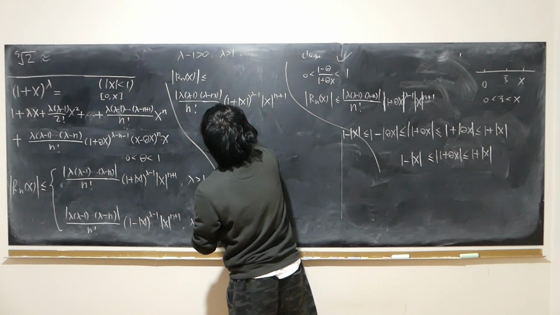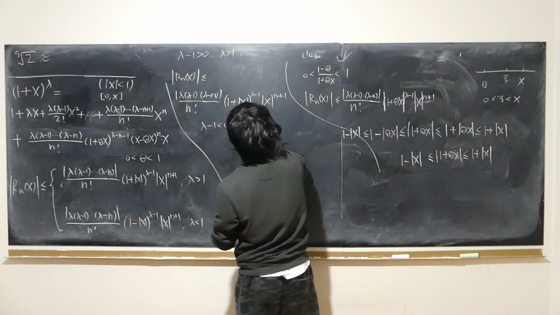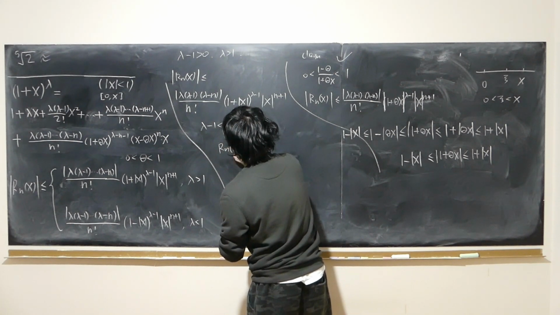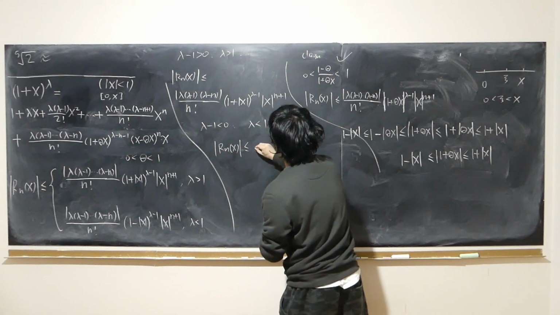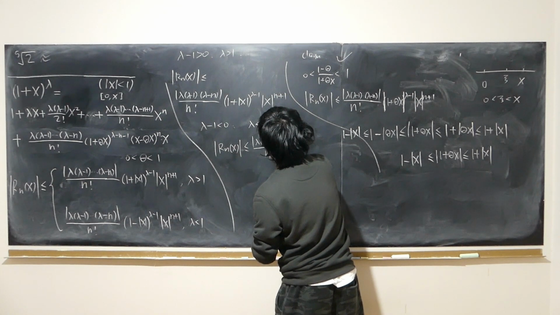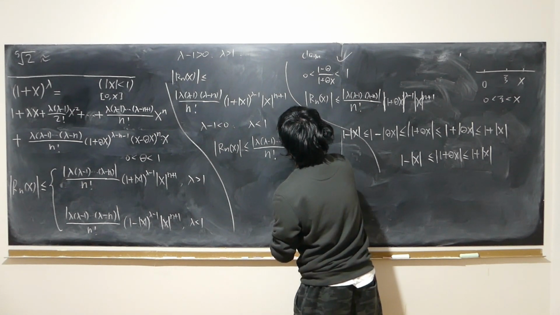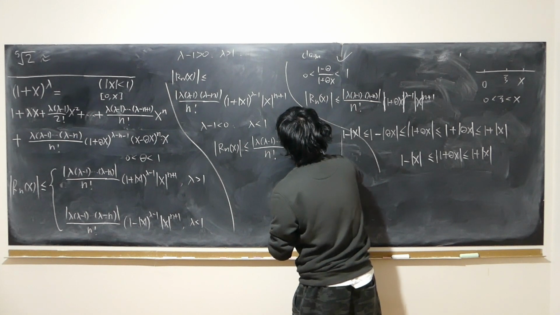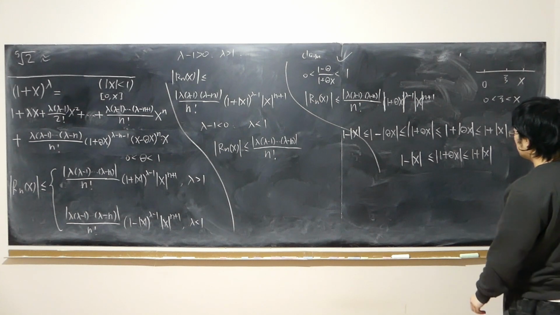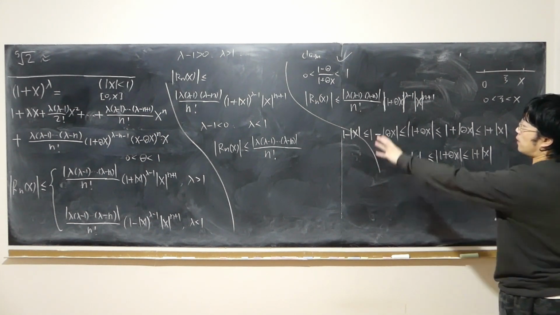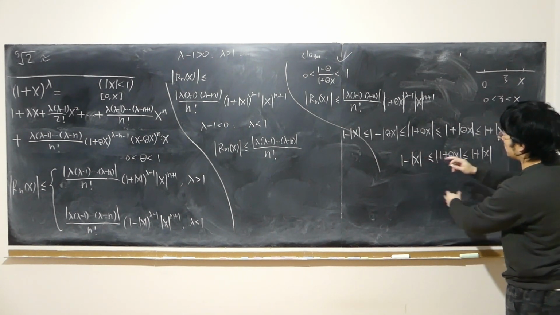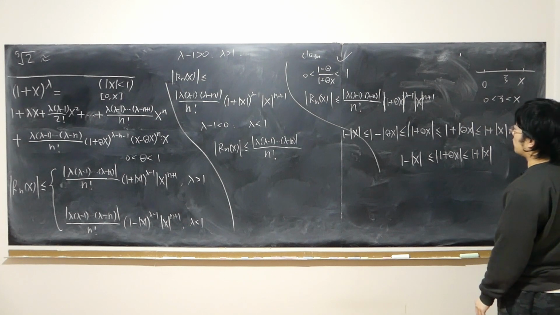So if the lambda minus 1 power is negative, in other words, when lambda is less than 1, then the absolute value of the Cauchy remainder is no larger than, still copying down the first part, absolute value of lambda times lambda minus 1, all the way down to lambda minus n, multiplied by, like I said, since now the power is negative, we just change the direction of the inequality, since it's now a decreasing function.